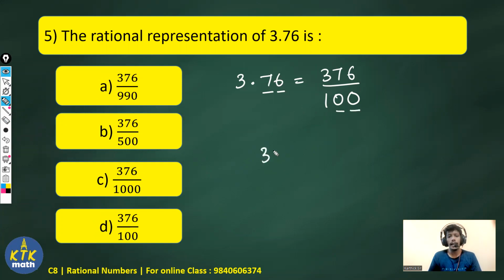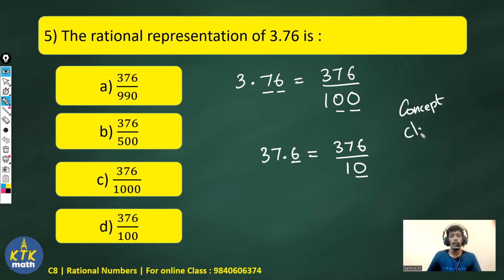Suppose the question contains 37.6, then you should write 376 by 10, because one digit after the decimal point means 10. If you don't know how to convert fractions into decimals or decimals into fractions, we have a special playlist called Concept Clarity in my channel.